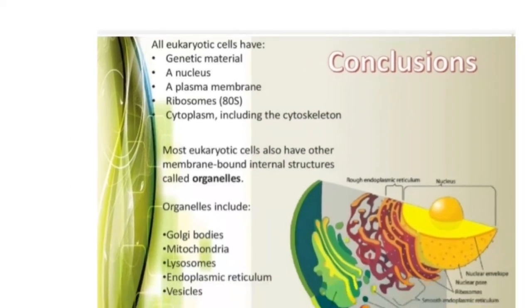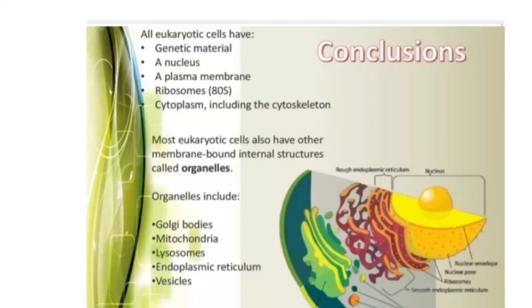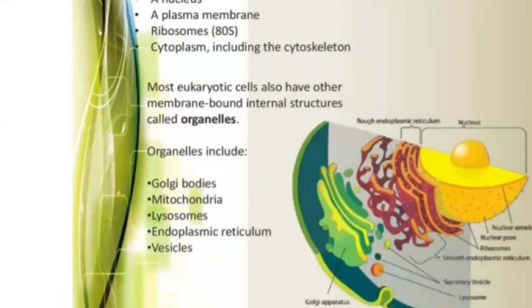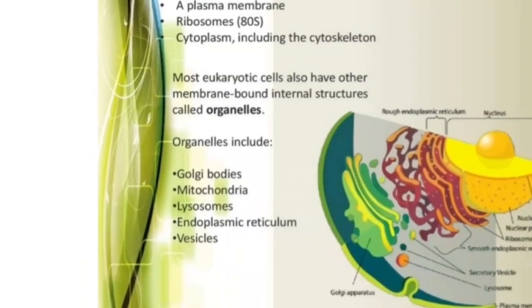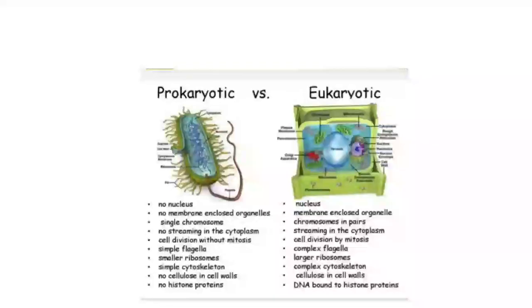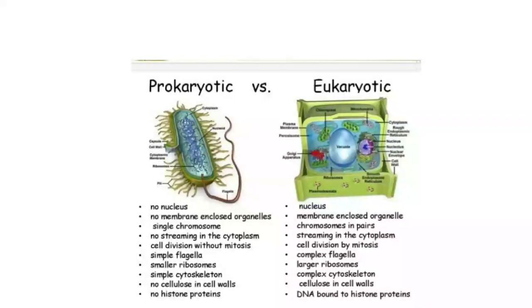Most eukaryotic cells have other membrane bound organelles or structures called organelles that include Golgi bodies, mitochondria, lysosome, endoplasmic reticulum and vesicles. Then last and best is the difference between eukaryotic and prokaryotic cell.